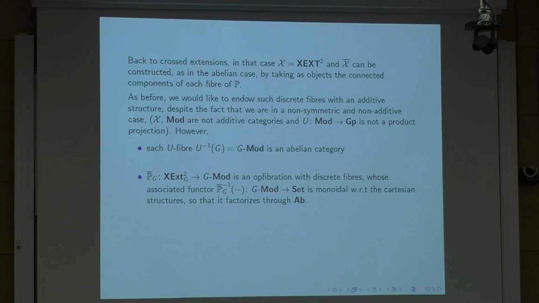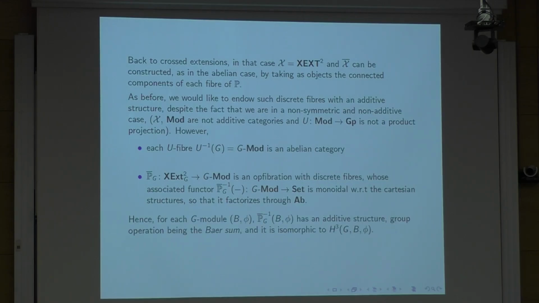So associated with an opfibration, of course, we have, in this case, since it is discrete, a functor into Set, and this is monoidal with regard to the Cartesian structures, which means, in other words, that it preserves finite products. And again, anytime you have a finite product preserving functor starting from an additive category, then you are sure that such a functor factorizes through the category of abelian groups.